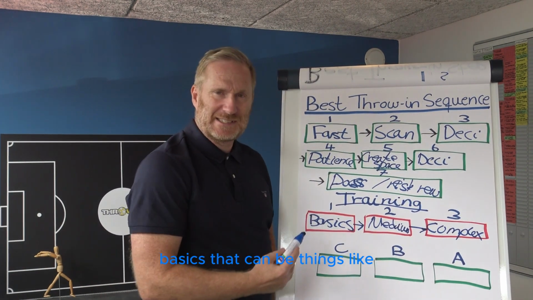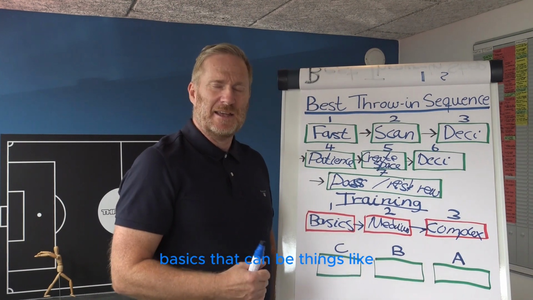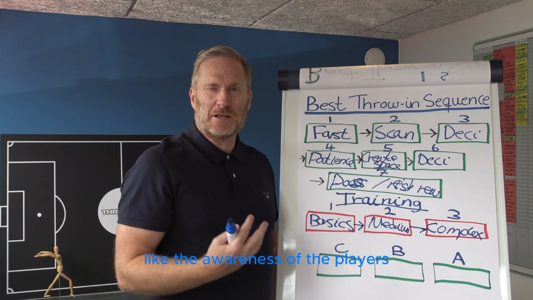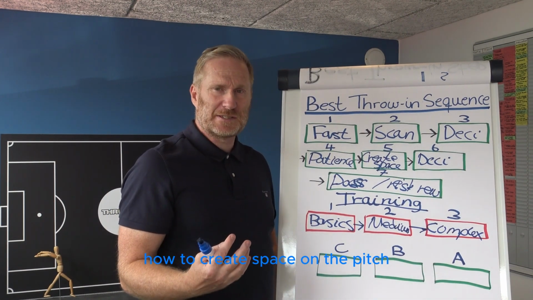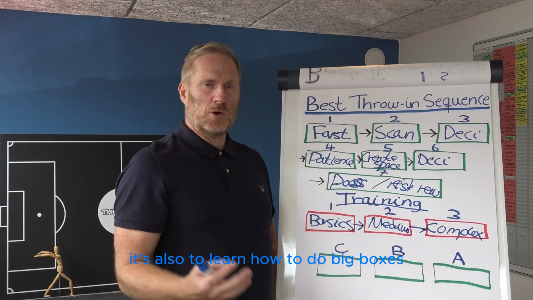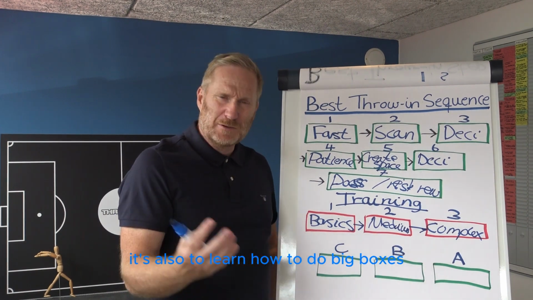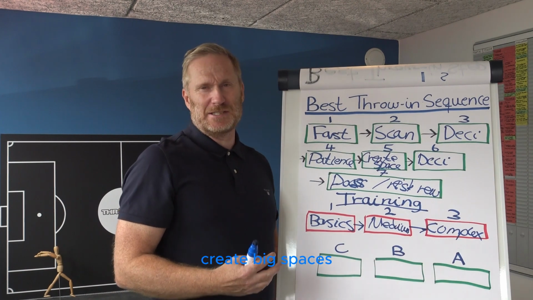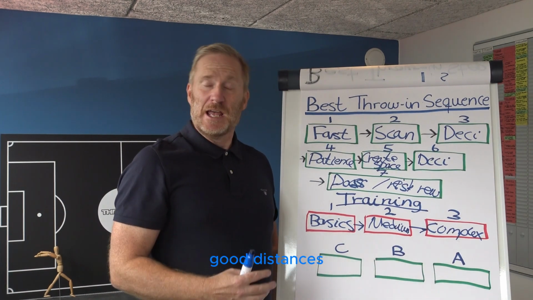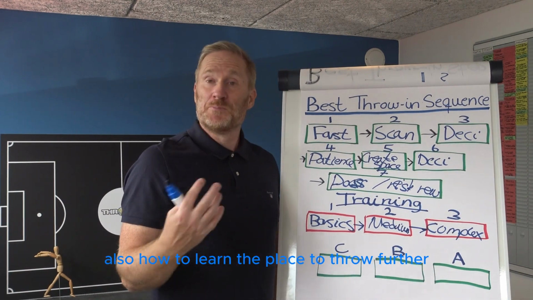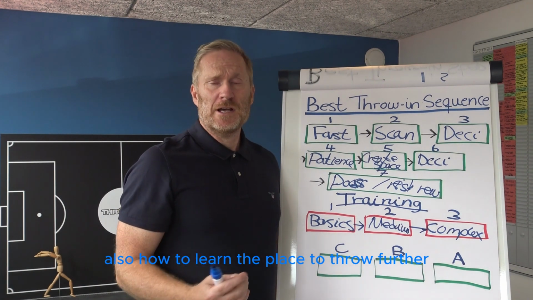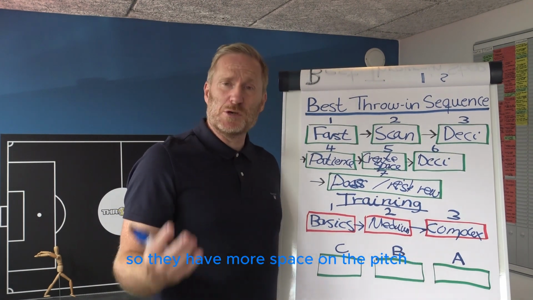First of all, basics, that can be things like the awareness of the players, how to create space on the pitch. It's also to learn how to do big boxes, create big spaces, return pass with good distances. The basics also how to learn the players to throw further, so they have more space on the pitch.